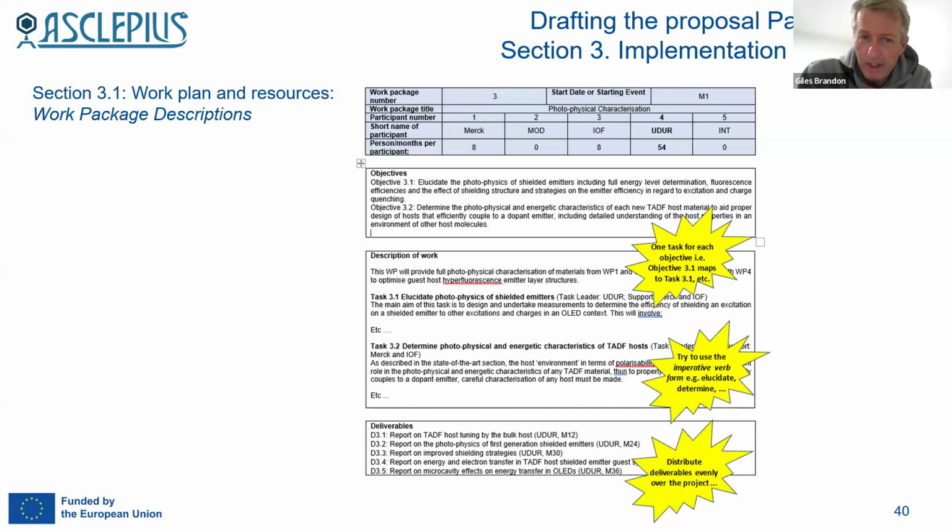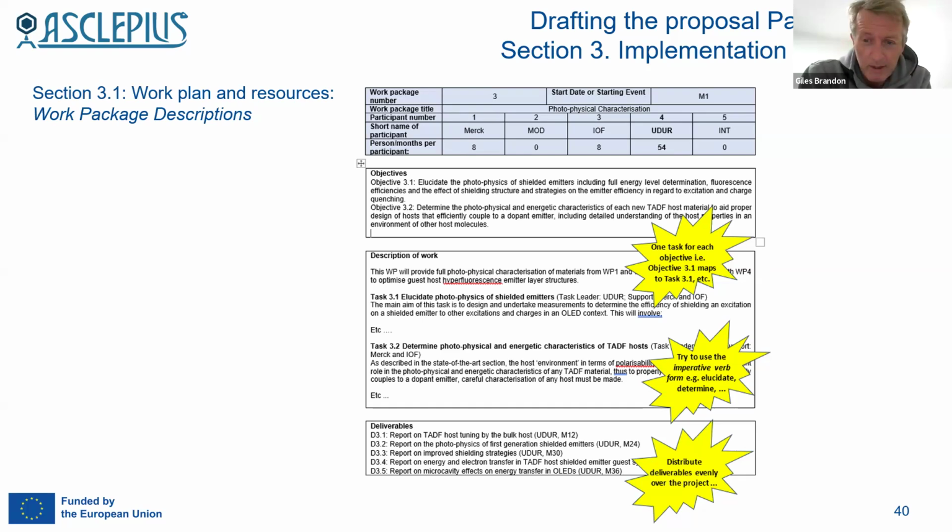The other thing to point out is that the title of these objectives and tasks, I've often seen it for non-native English speakers, which is understandable. They often write the titles using quite passive, abstract language.